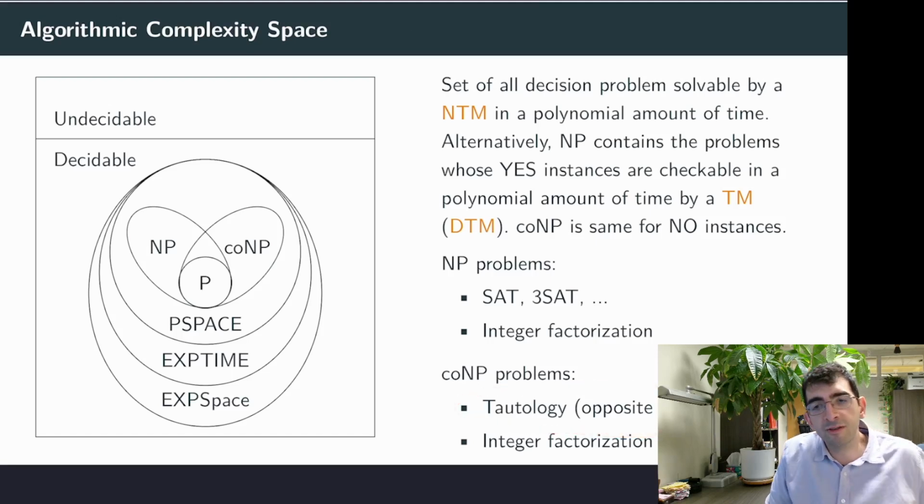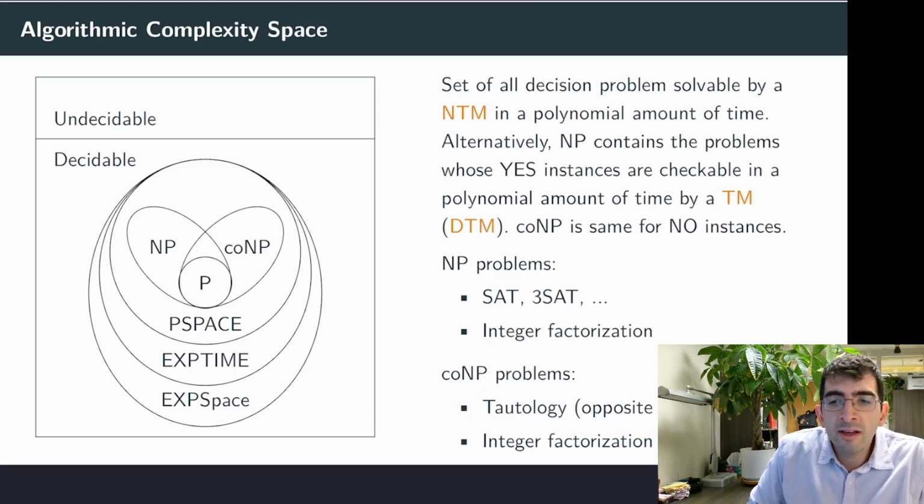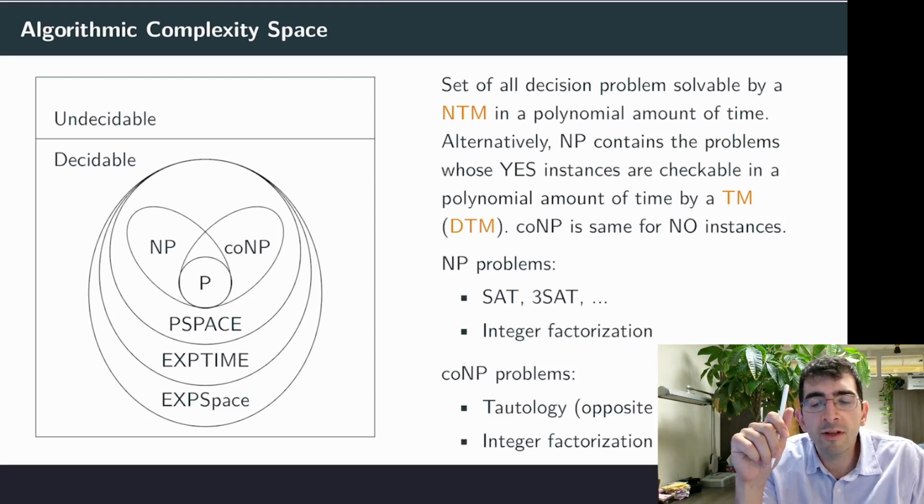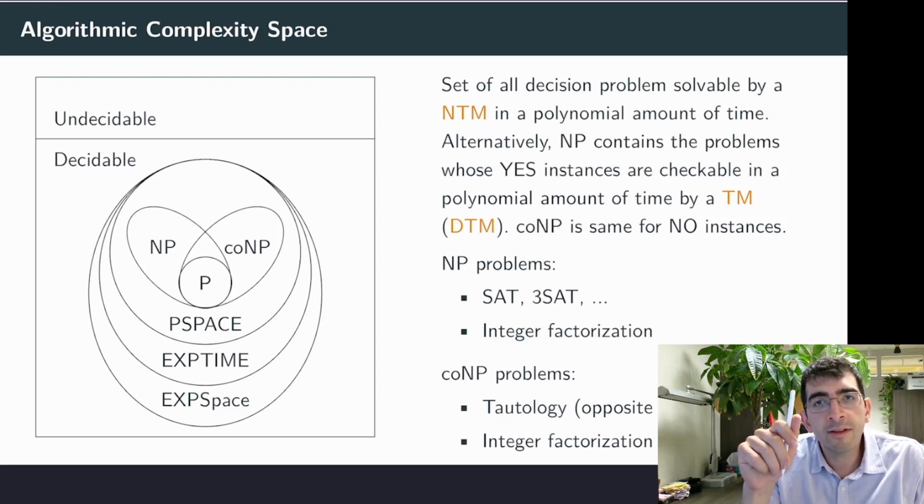So the tautology problem simply states that given a formula, does every single assignment evaluate to true? So if you get a yes in that case, you still have to look at every single assignment, so the yes instance isn't really checkable.